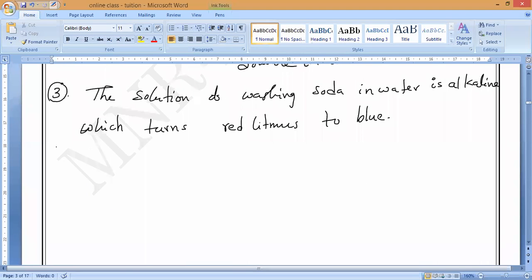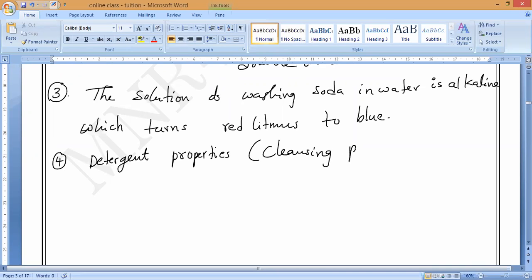Next, the fourth point. Detergent properties, or cleansing properties.